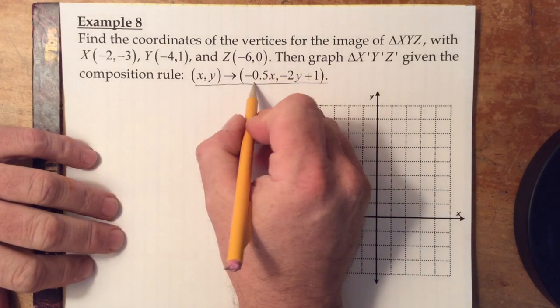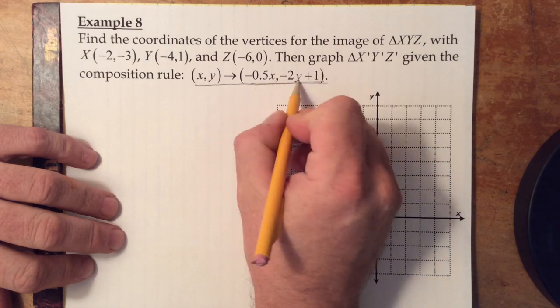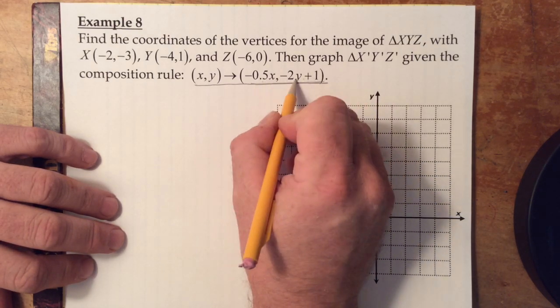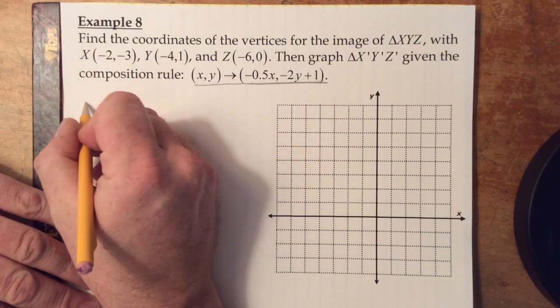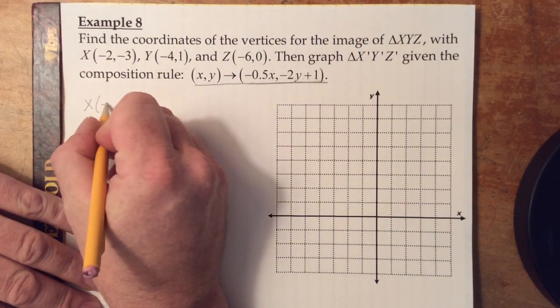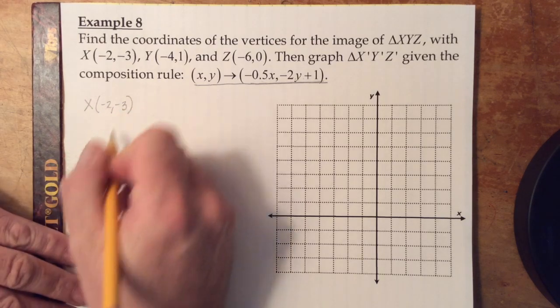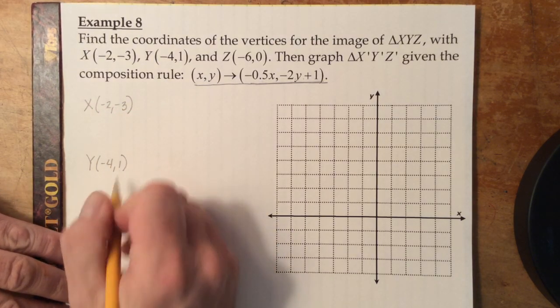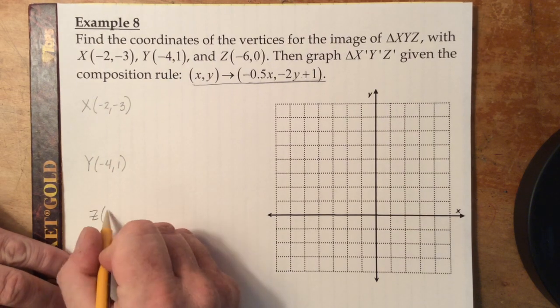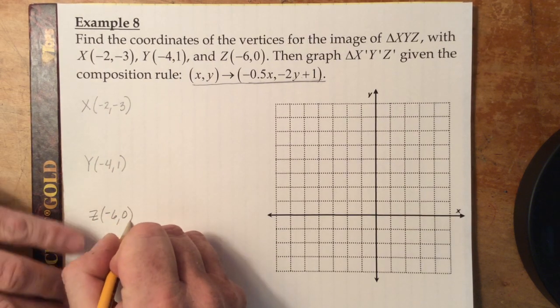So this is going to be a sort of a strange one because you've mixed up x and y coordinates. There may be a stretching or a shrinking of the figure. Let's see what happens. X is at (-2, -3). Y is at (-4, 1). And Z is at (-6, 0).